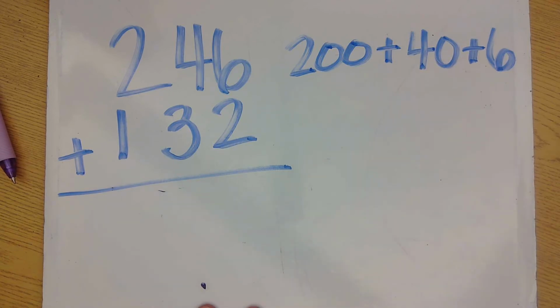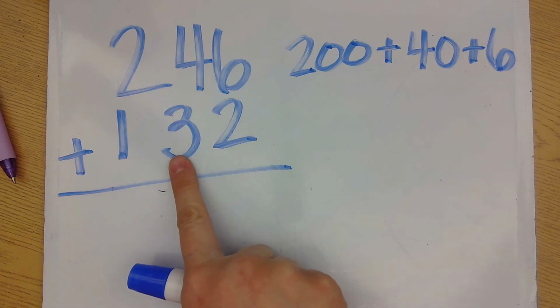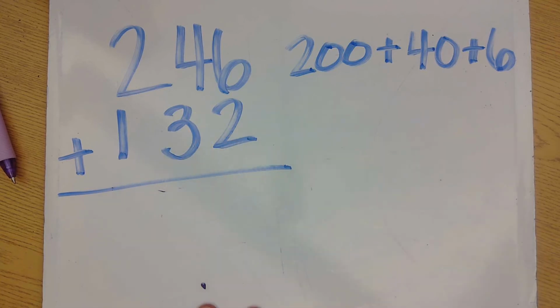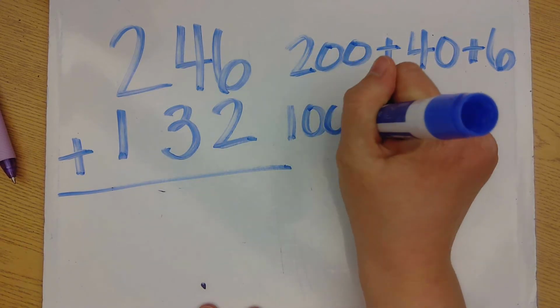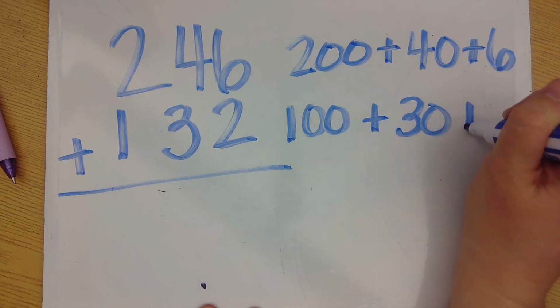Now you try 132. What does the 1 mean? Write it down. What does the 3 mean? Write it down. And what does the 2 mean? Write it down. You should have 100 plus 30 plus 2.